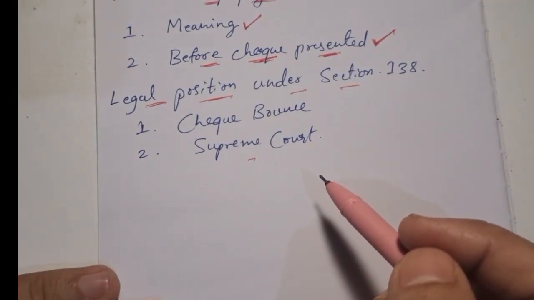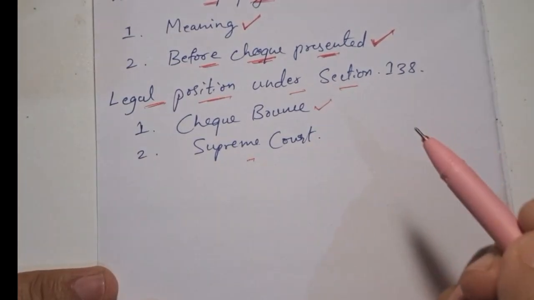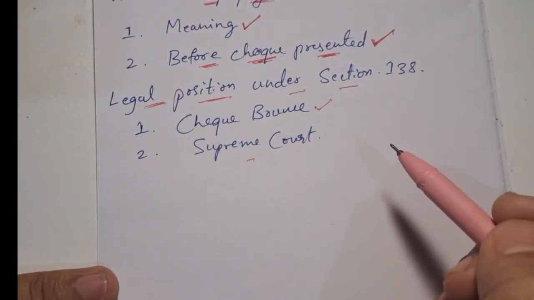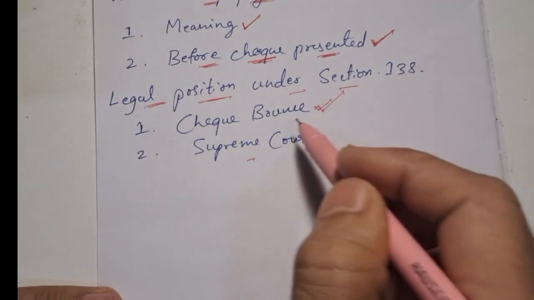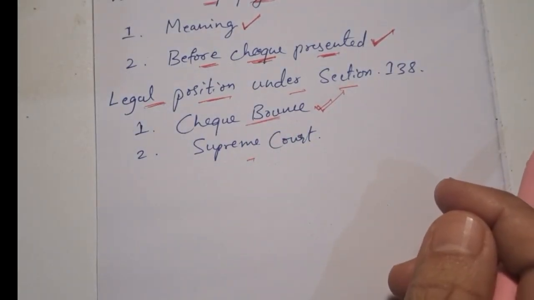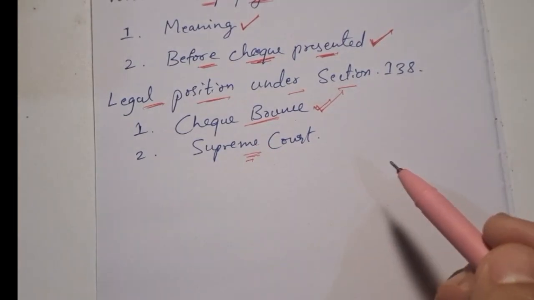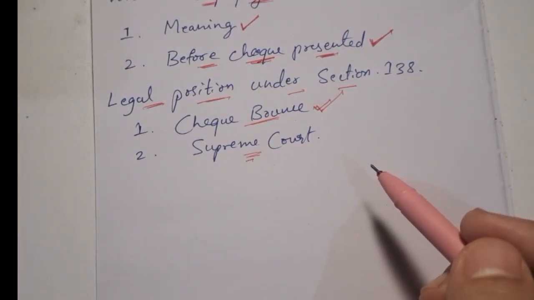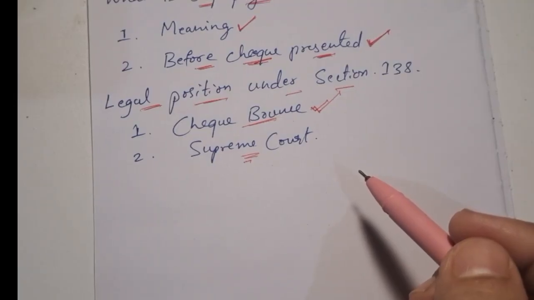So if a check is dishonored while being presented, due to insufficient funds or a stop payment instruction by the drawer to the bank, both scenarios are covered under this section. The Supreme Court has clearly mentioned that even a stop payment instruction is treated as a check bounce.